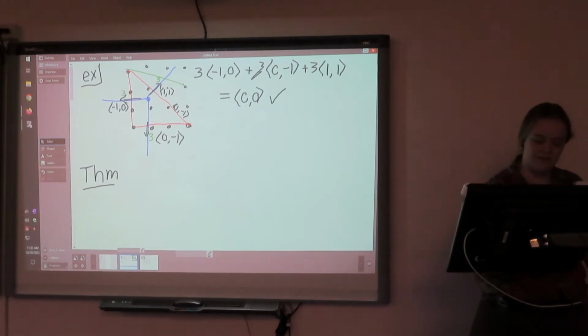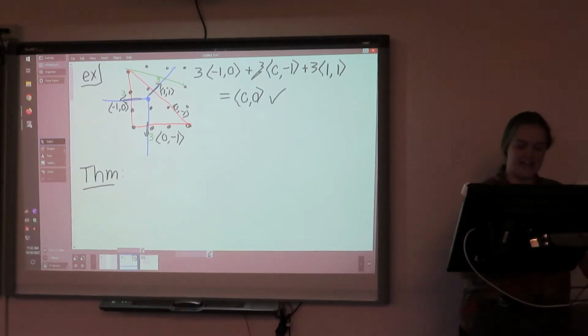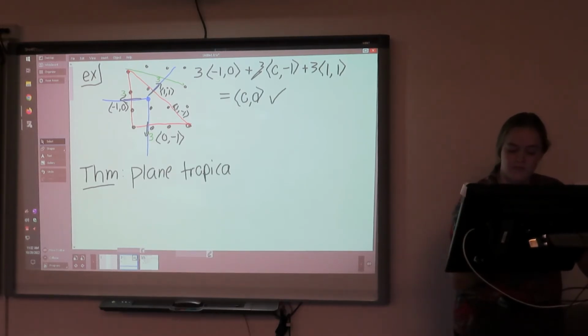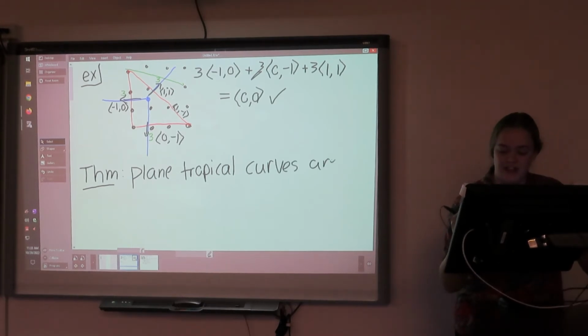Okay, now we have a theorem that tells us that plane tropical curves are balanced. All of them. Which is pretty cool.